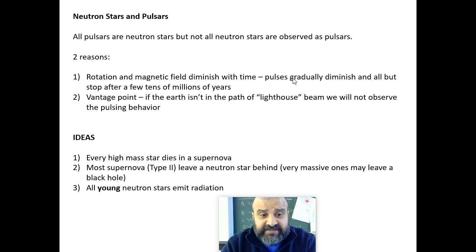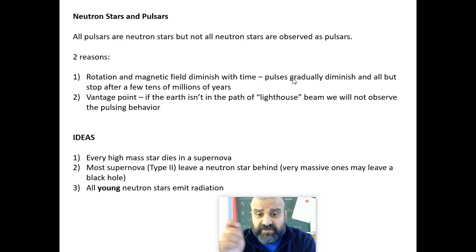Okay, key ideas. In every high mass star, the iron core will collapse and you get a supernova. Most supernovae, meaning a type 2, not a type 1 detonation, will leave a neutron star behind. Very, very massive stars, the gravity might be so strong that the neutron star will collapse even further into a black hole.